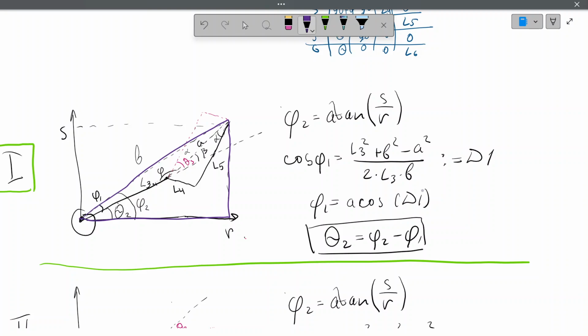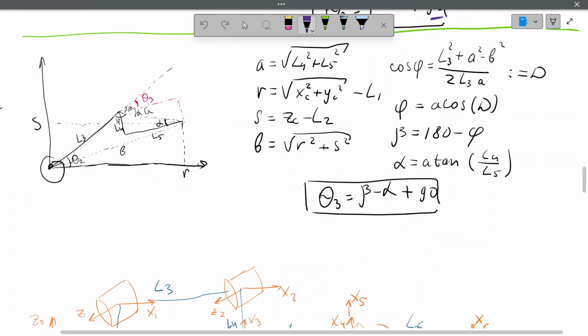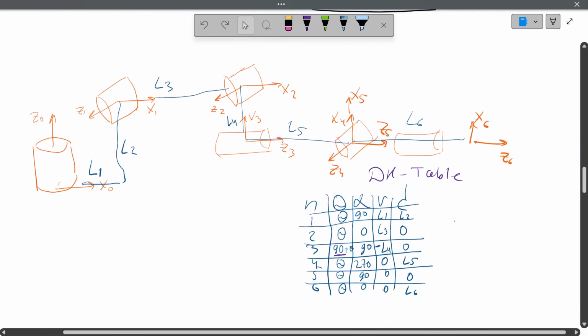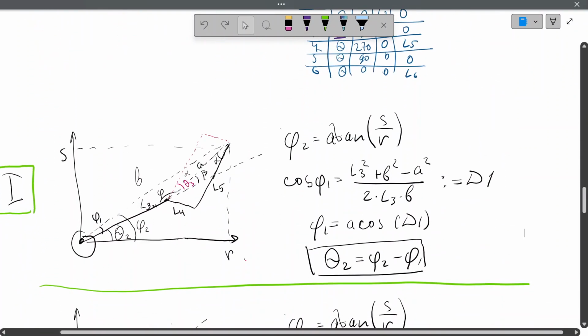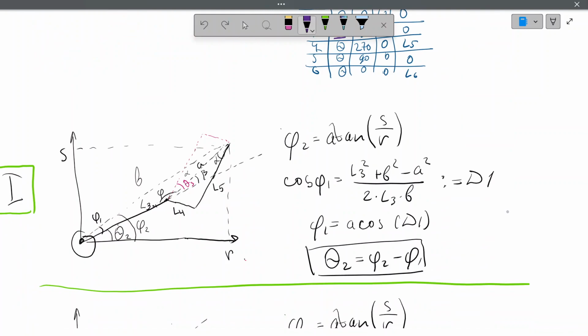So this side is S, this side is R. So phi 2 will be equal to arctangent of S over R. Next we find cosine phi 1. So phi 1 is here. So again we take into consideration this triangle.